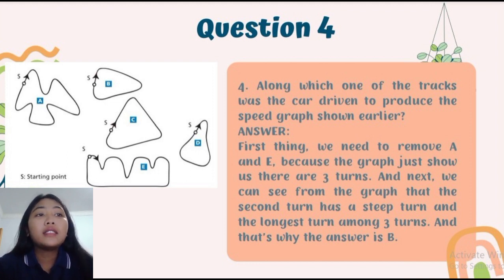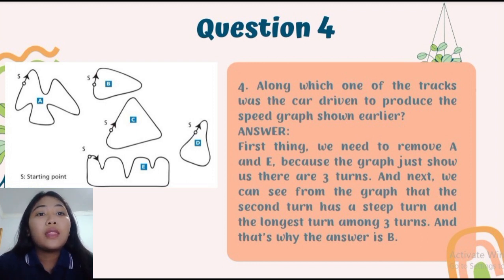Next, we can see from the graph that the second turn is a steep, sharp turn and the longest straight section among the 3 turns.